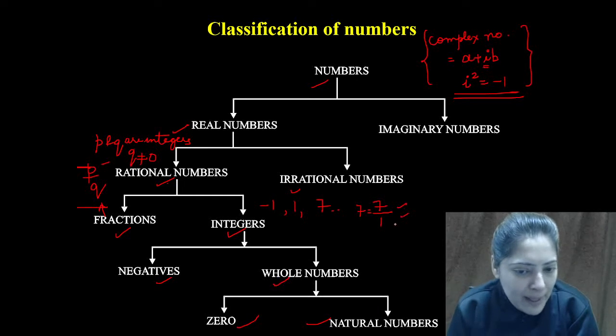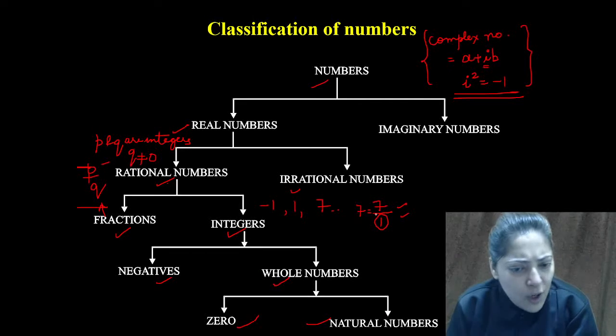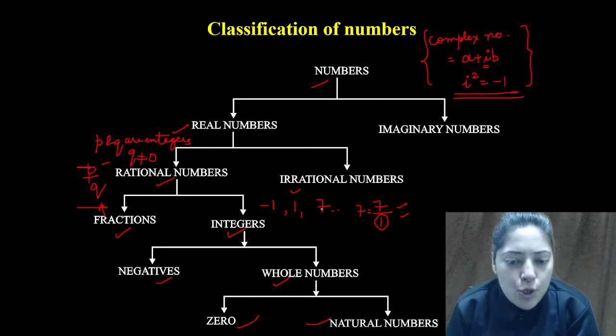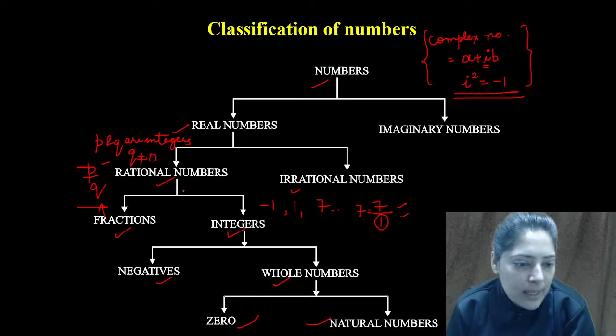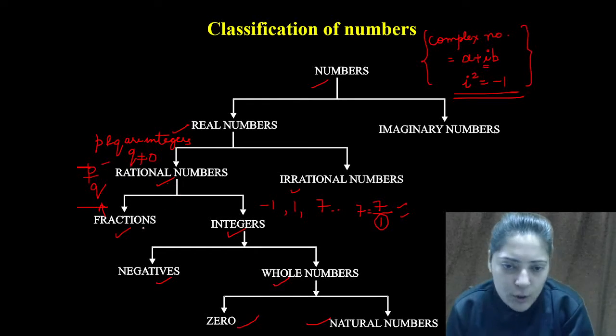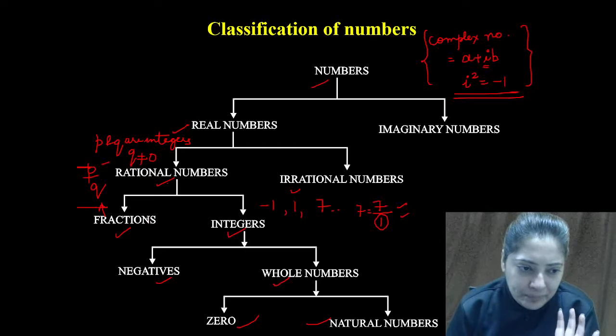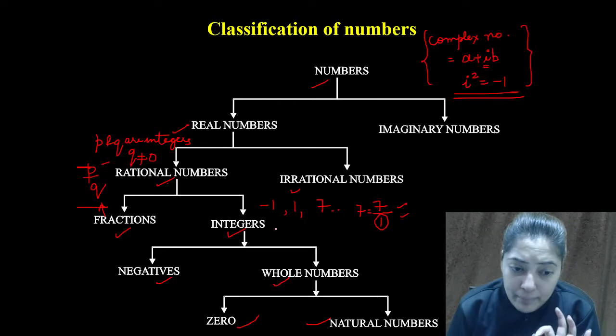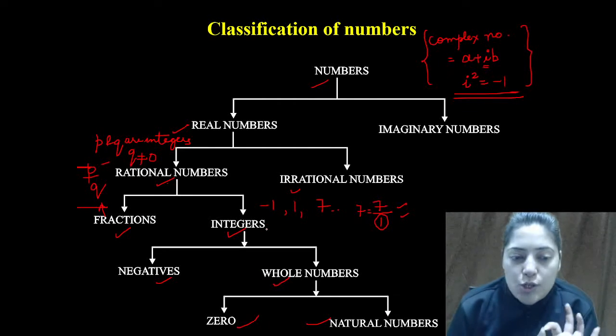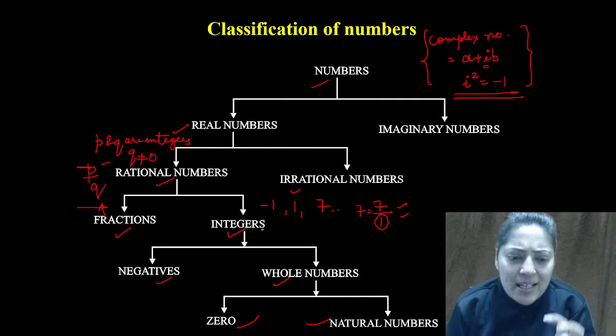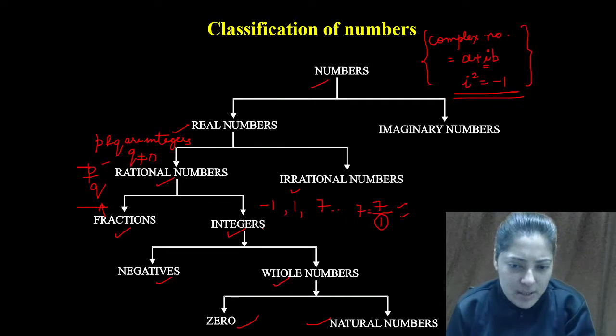It is of the form p by q and q is non-zero. So every integer is a rational number. Fractions you know are rational numbers, but every integer is also a rational number, or you can say integers are a part of rational numbers.